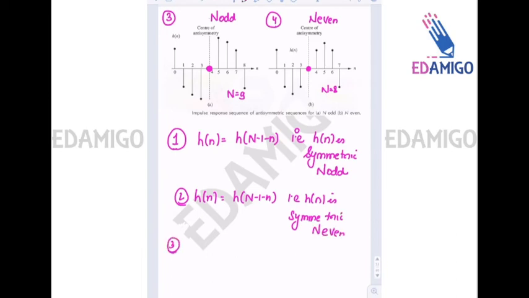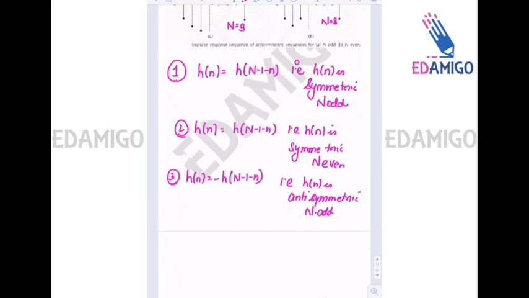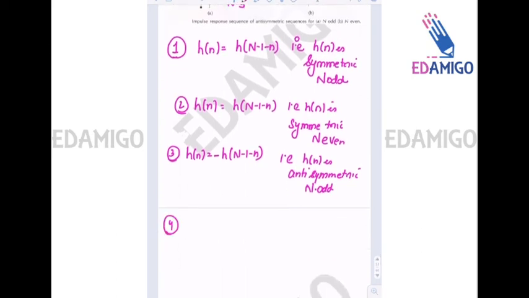Third case is what we have seen here, that is hn is equal to minus h of N minus 1 minus n, that is hn is anti-symmetric, N is odd, and the fourth case, hn is equal to minus h of N minus 1 minus n, that is hn is anti-symmetric where N is even.